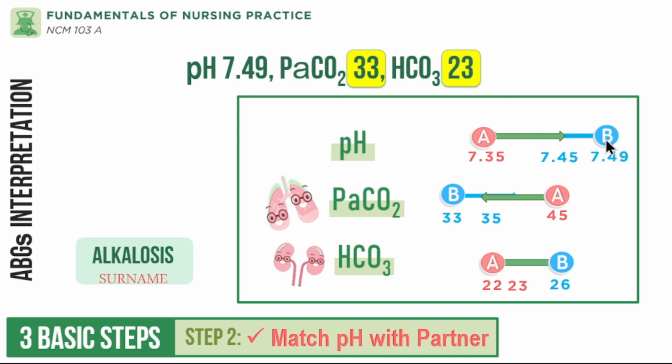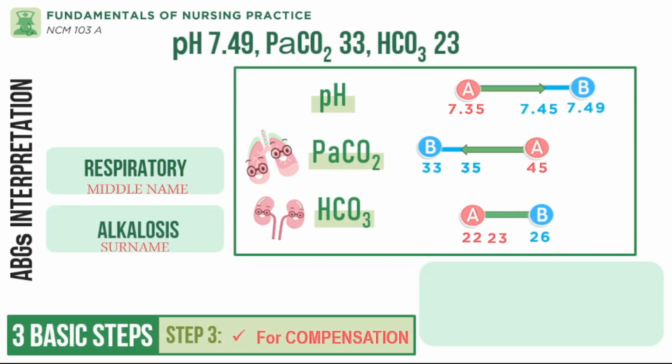So we have both letter B, then our middle name is respiratory in nature, because the partner of your pH that matches the level of acidity or alkalinity is the partial pressure of your carbon dioxide. Hence, this is respiratory in nature. Okay, next. Step number 3.